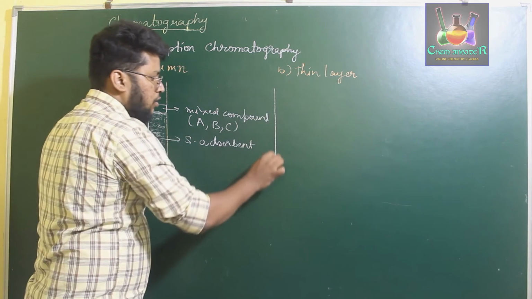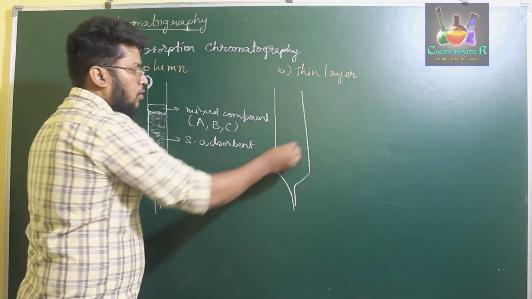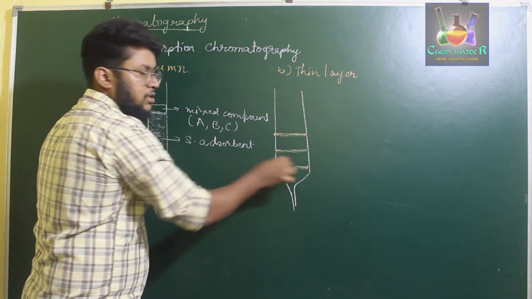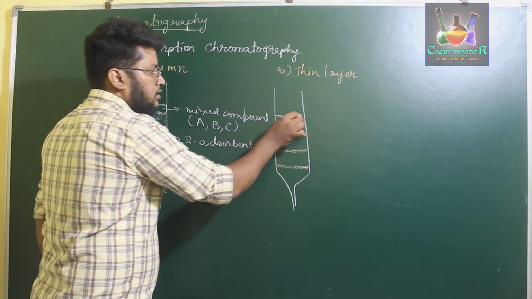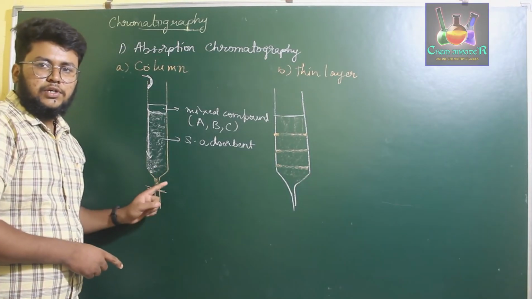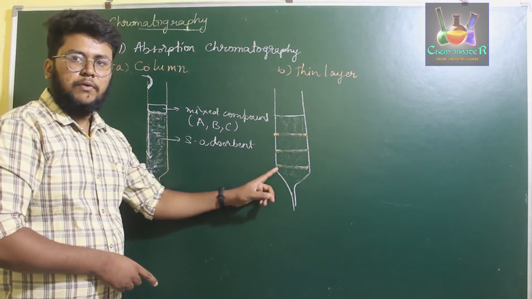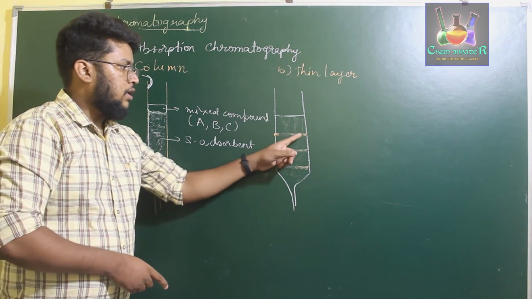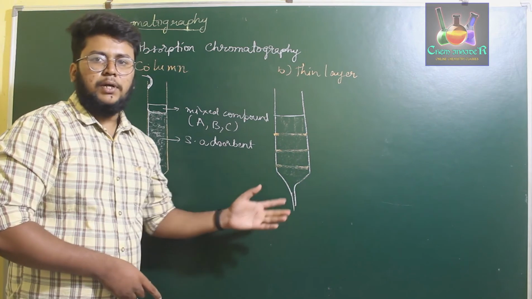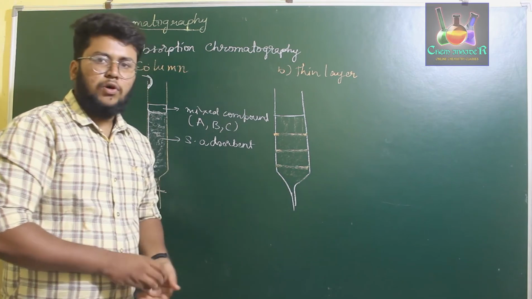If you have passed the solution in this particular column after a period of time, one of the components will be collected over here, one will be collected over here, and one will be present over here. So now this is the adsorbed solution. This is the stationary adsorbent, and due to the flow of our mobile adsorbent, these levels of ABC will be formed, and this ABC will be separated later in order to purify these particular components present in the mixture of this compound.